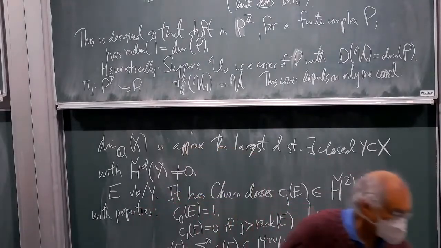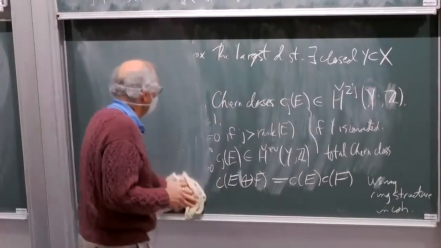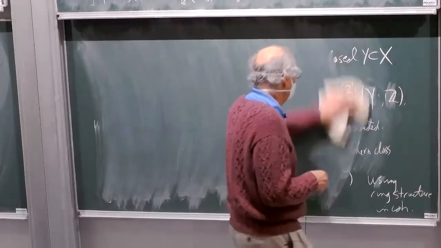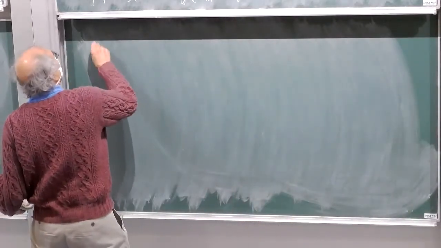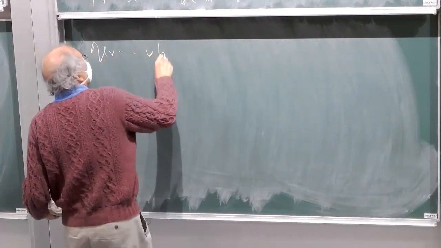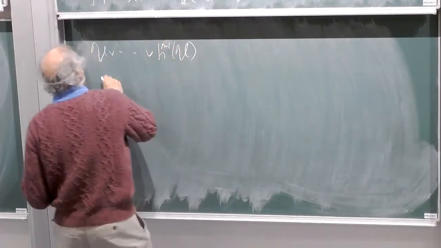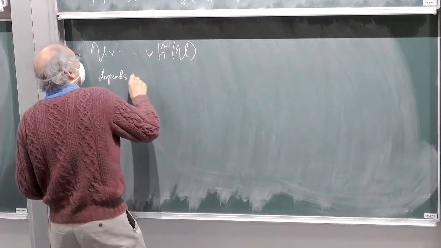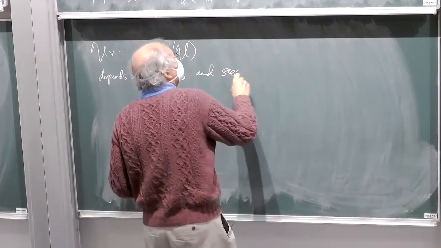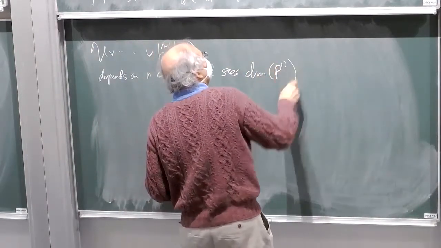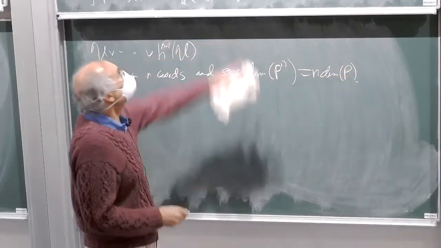But if I take the join, if I take U join H to the minus n plus 1, or n minus 1 I have here, this depends on n coordinates and sees dimension of P to the n, which is n times the dimension of P. But I divided by n.